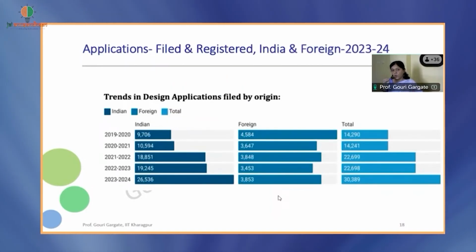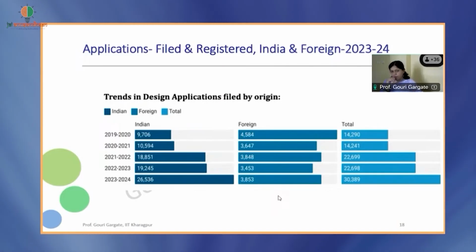Considering the origin, India and foreign, because of the TRIPS Agreement, obviously, and we are a member of the Paris Convention, other country residents can register designs in India, and they will have national treatment as if they are nationals of India.